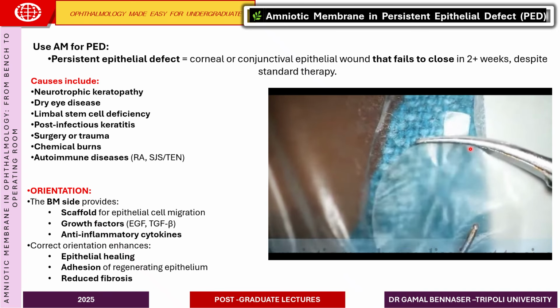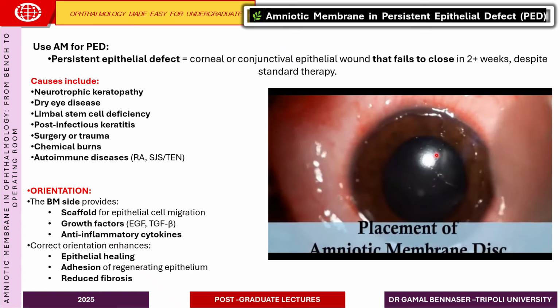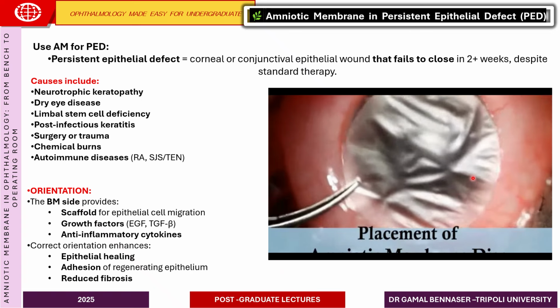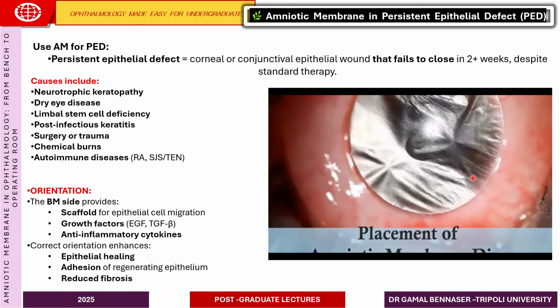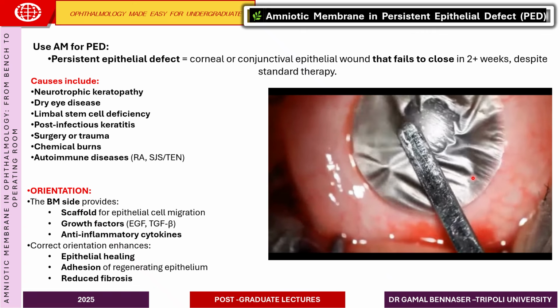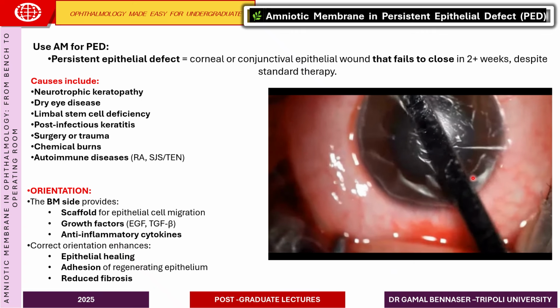So you just secure the patch corresponding to the area of the defect of the cornea, and then you apply it on the cornea and make it adhere strongly to the cornea. And after that, you can apply a bandage contact lens to secure the amniotic membrane attached to the cornea.